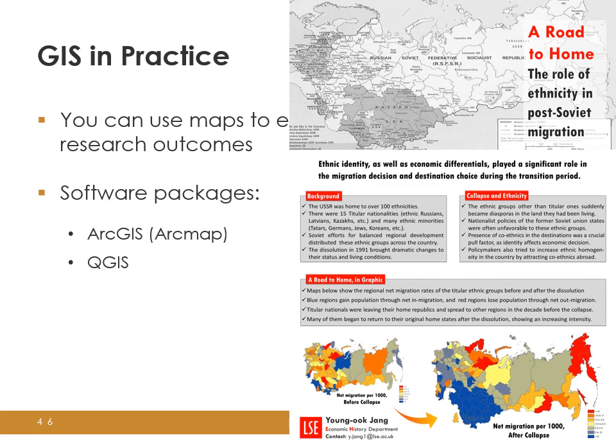And the map to the right expresses the rate of net migration after the collapse. So I show the changing patterns of migration from before the collapse and after the collapse. I show these changes in the maps.